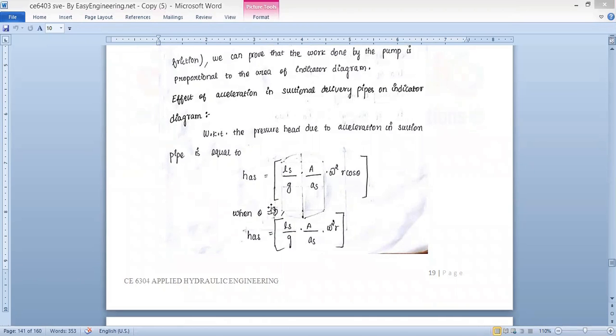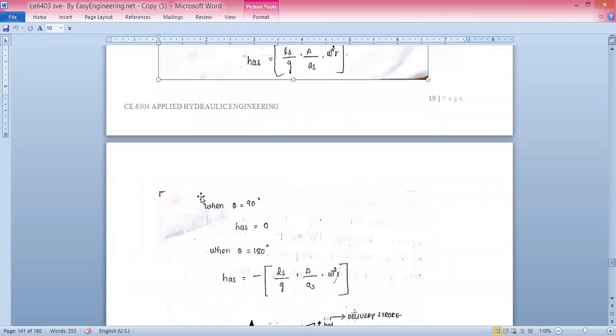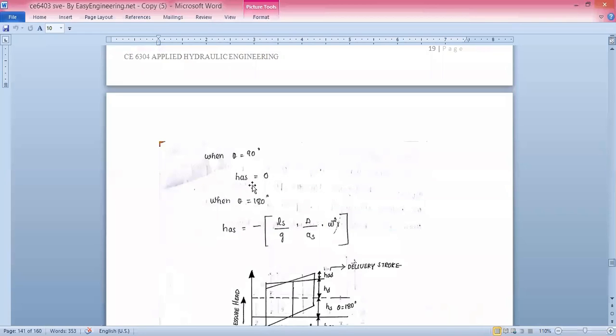Where theta is equal to 0, h_as equals Ls upon g into capital A upon As into omega square r. Where theta we are taking as 90 degrees, then the height we are assuming as 0.